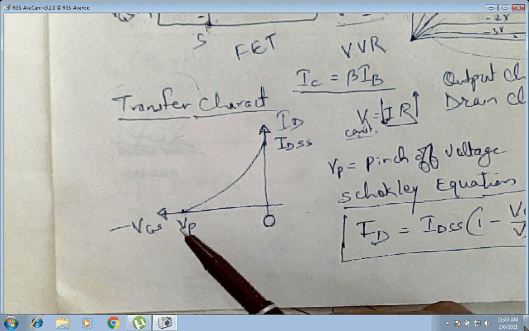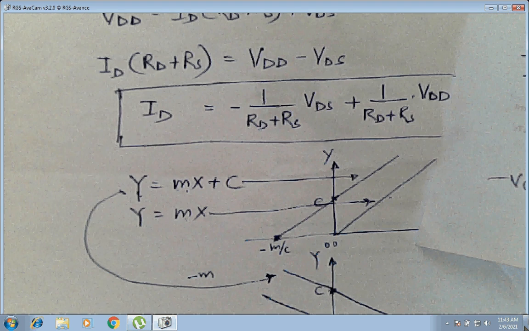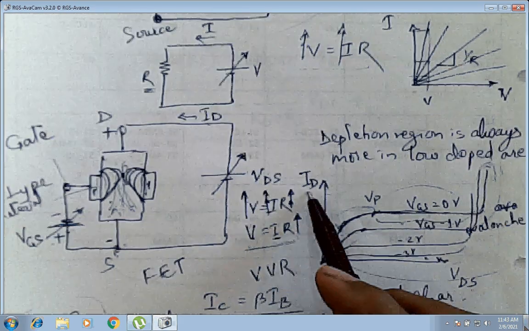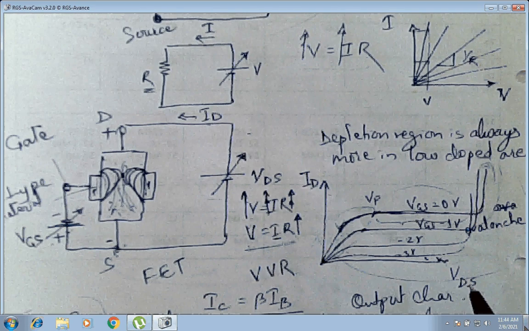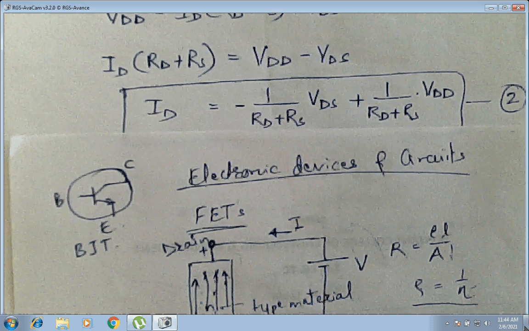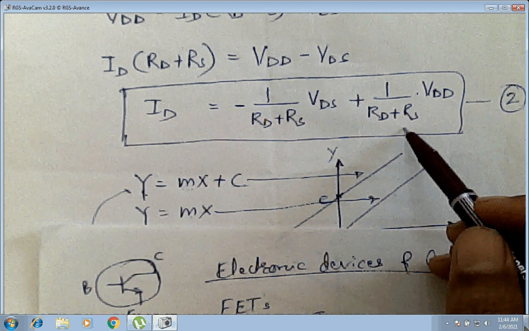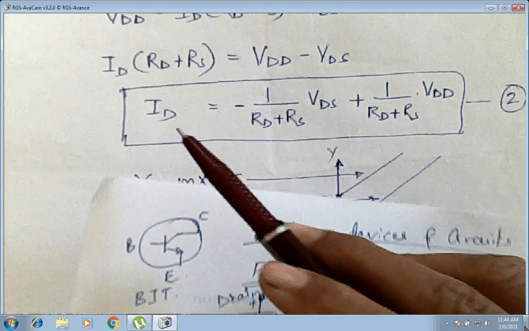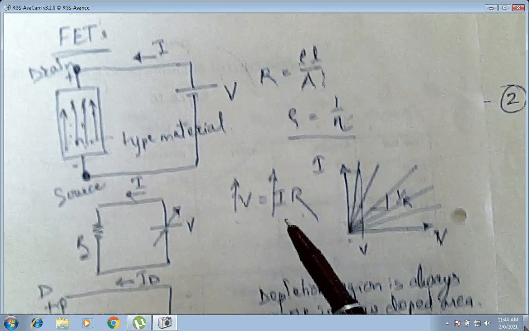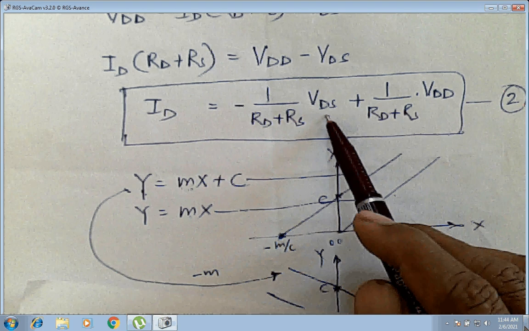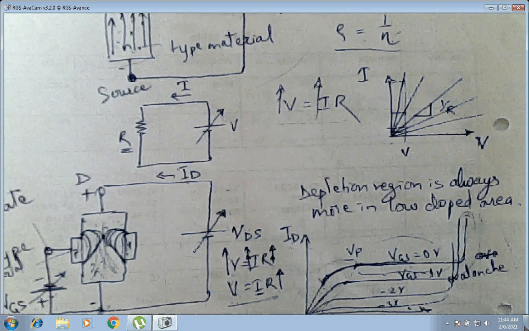So taking these two graphs and these two equations, let us take the first graph, which has ID on the y-axis and VDS on the x-axis. Taking the second equation, ID is on the y-axis, and VDS is on the x-axis.